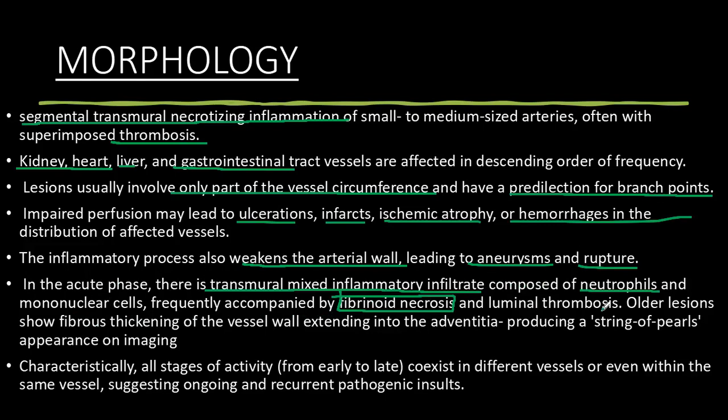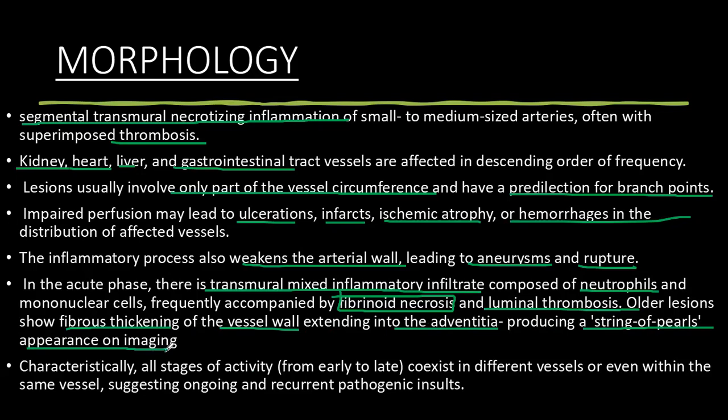So note that, fibrinoid necrosis and luminal thrombosis. Now, the older lesions usually show fibrous thickening of the vessel wall extending to the adventitia, okay? And that fibrous thickening will produce the so-called string of pearls appearance on angiography, okay?